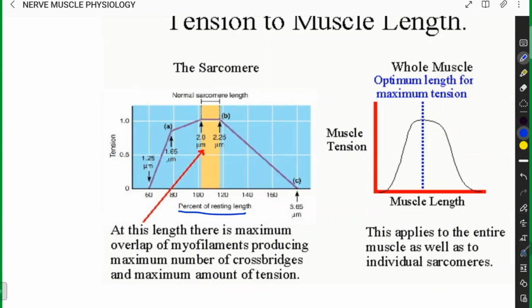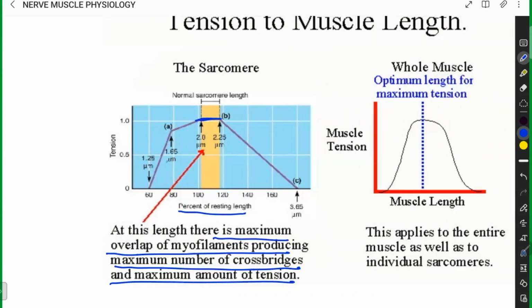When the length is increased between 100 to 120%, at this length there is a maximum overlap of myofilaments, producing the maximum number of cross bridges and maximum amount of tension, only between 100 to 120.